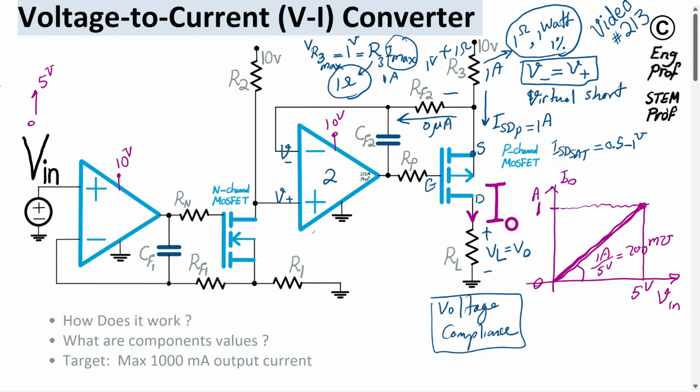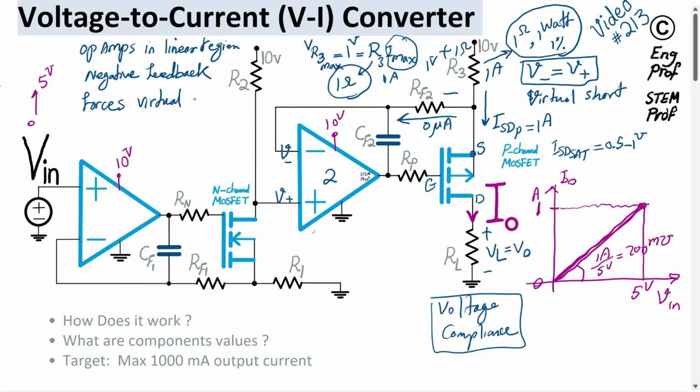But then the op amp is operating properly. Op amps are biased properly in linear region, basically not saturated, and as a result, negative feedback is enforced, or negative feedback will force the op amp to satisfy virtual short, which means the positive input terminal is equal to the negative input terminal in steady state operation.